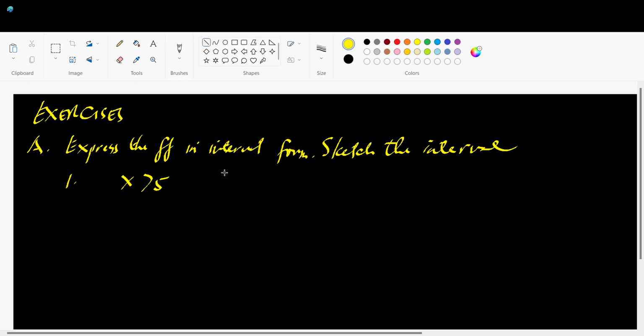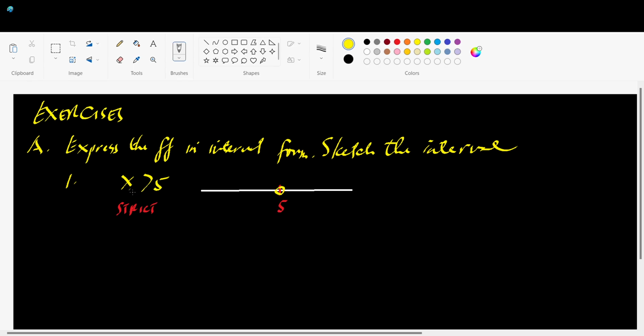So it will be better if we first illustrate the inequality. We indicate the number 5. X is greater than 5. It is a strict inequality, so it does not include the endpoint. So we shall be using a circle because 5 is excluded in the interval.